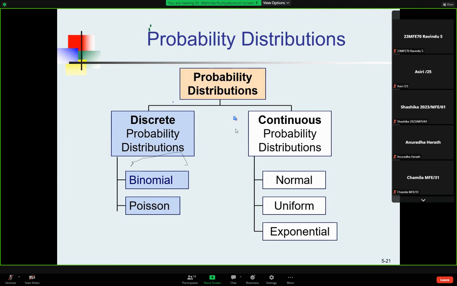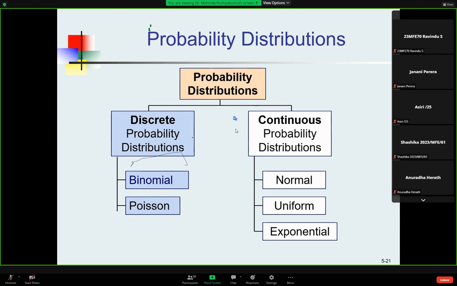Okay, then in the previous session, we had a discussion about discrete random variable, where we learn how to construct probability distribution for discrete random variable.